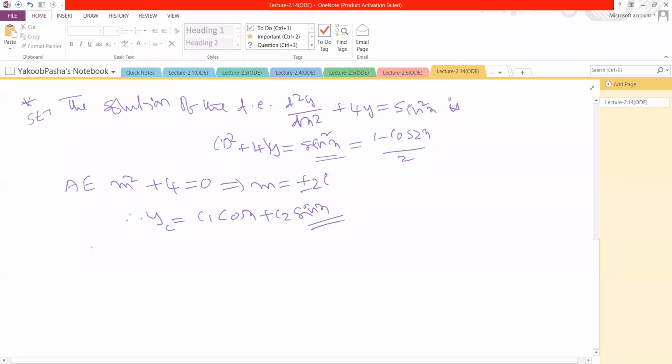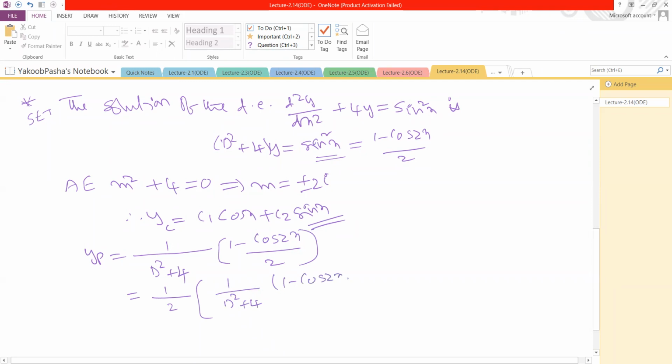Now we go for the particular integral. yp is equal to 1 divided by D square plus 4 of sin square x, which is 1 minus cos 2x by 2. So we can write this as 1 by 2 of 1 by D square plus 4 of 1 minus cos 2x.